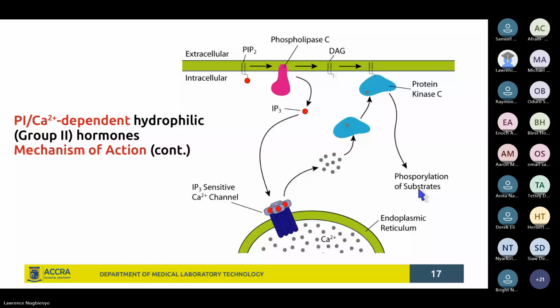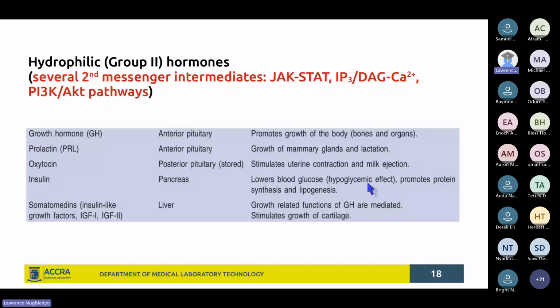Now, we can take a look also at other hormones which fall in a third subclass. The first subclass was using cyclic adenosine monophosphate as a second messenger. The second subclass is just what we have finished looking at, which is using phosphatidyl inositol calcium as the second messenger.